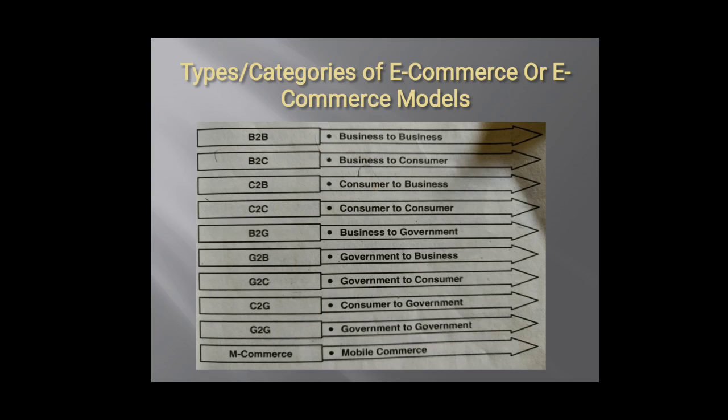They can be information goods such as electronic material, digitized content such as software or ebooks, received over an electronic network, that is the internet. So this is called B2C commerce, business to consumer.